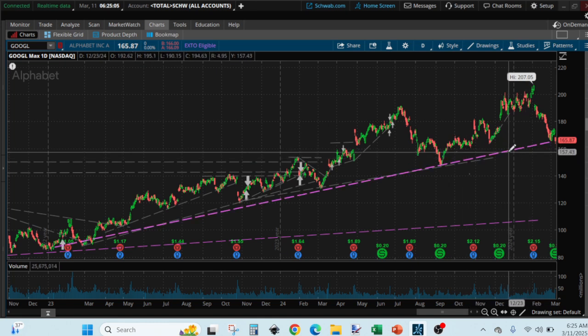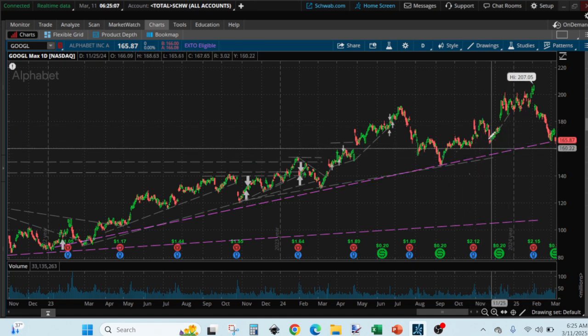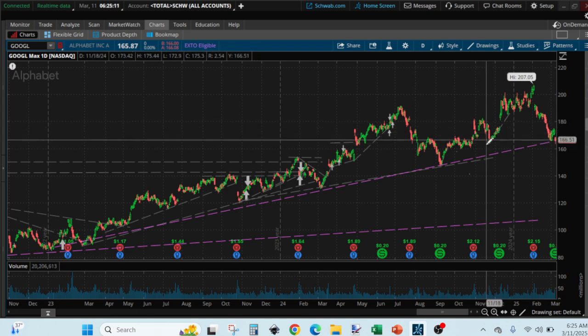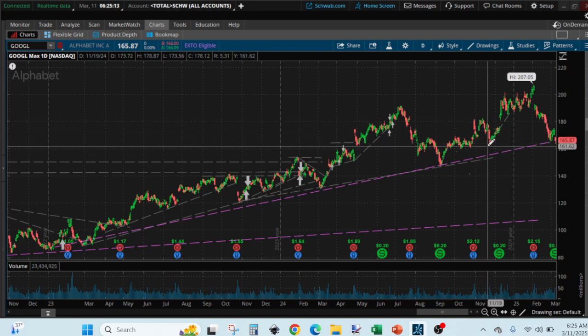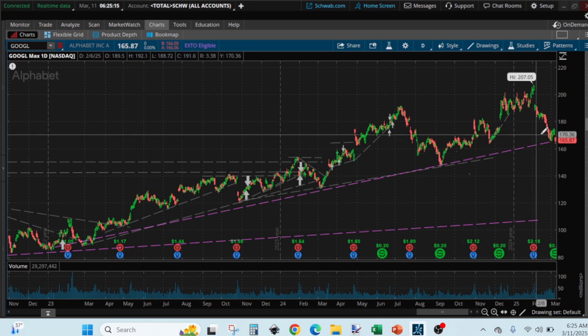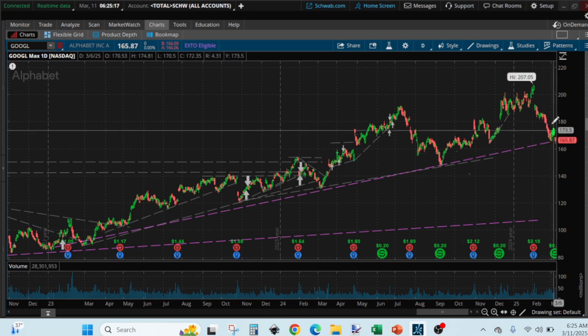But when you see here it changed direction here, it actually went down before going up. So those things can happen at the trend line, and you can see every stock behaves differently.